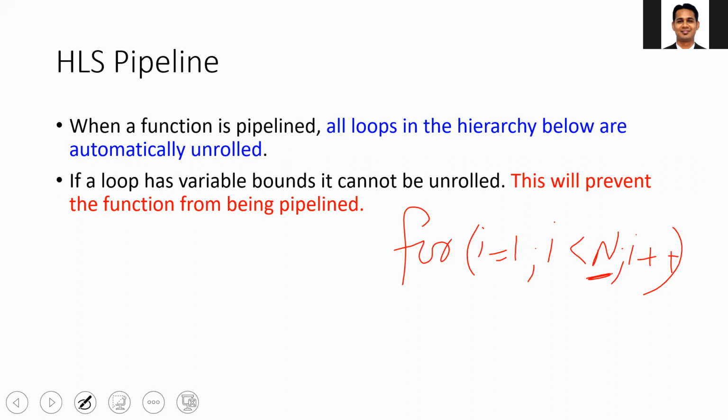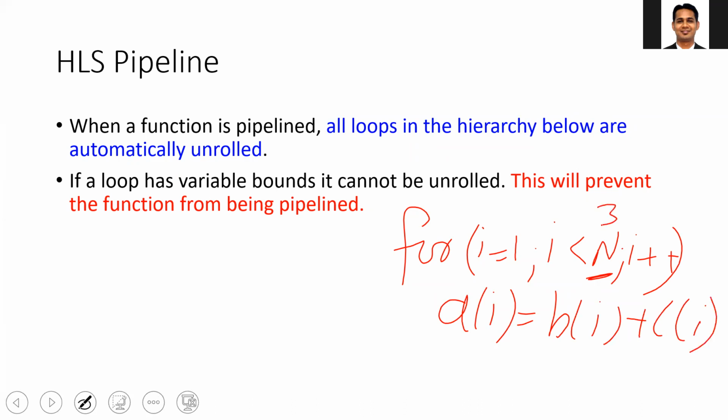When you unroll the loop, for example when I do a[i] = b[i] + c[i], and I say that I'm unrolling the loop, suppose this n is equal to 3, then I need to have 3 adders. When n is equal to 4, I need to have 4 adders. But since this n is dynamically changing, I don't know how many adders are needed. So I can't decide how much hardware is needed at compile time, right? So how can I build the hardware?